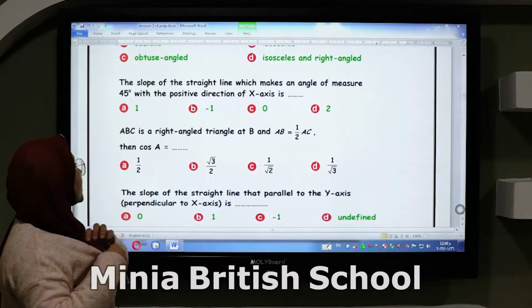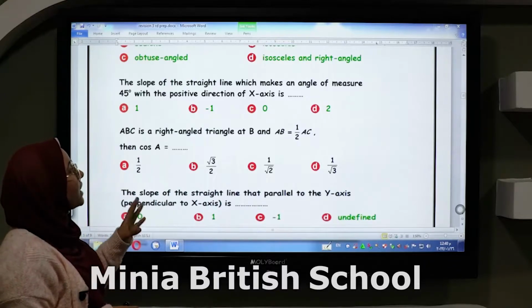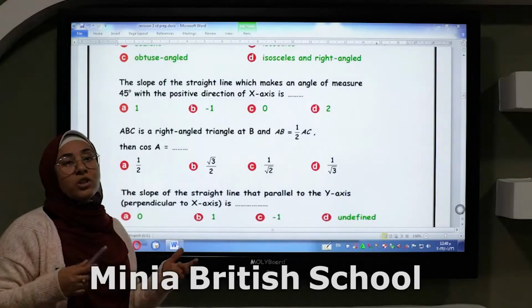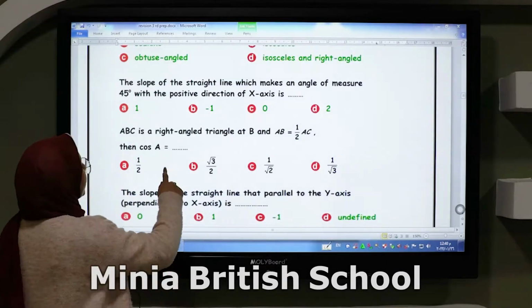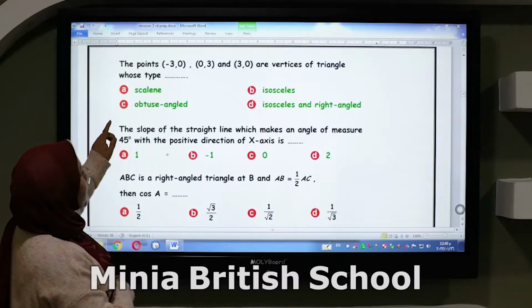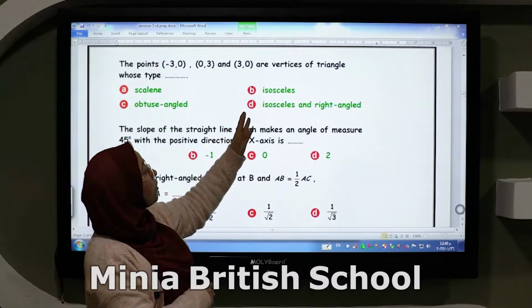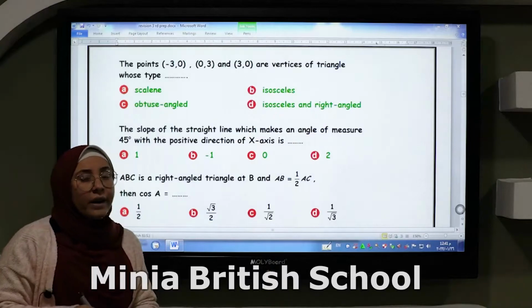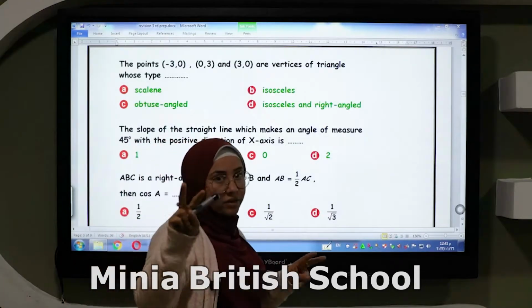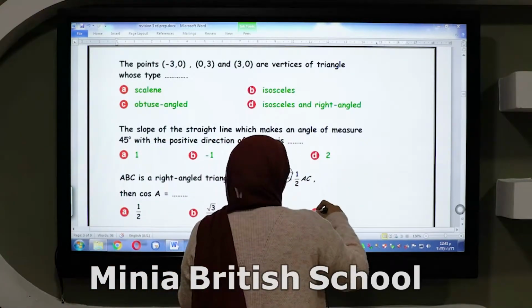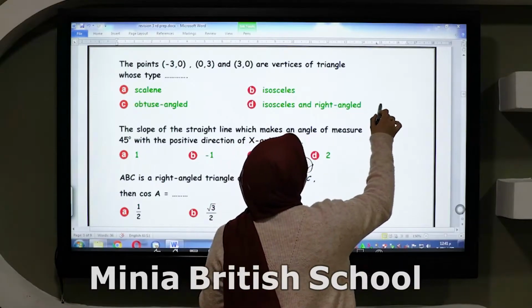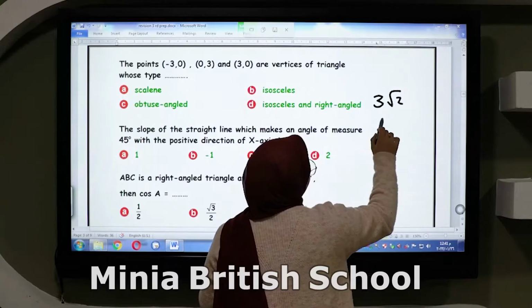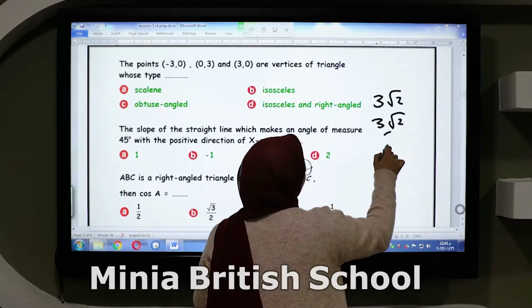Sorry, in this exercise, is this triangle isosceles only, or isosceles and right angle? You can check. You have the three sides: 3 root 2, 3 root 2 and 6.